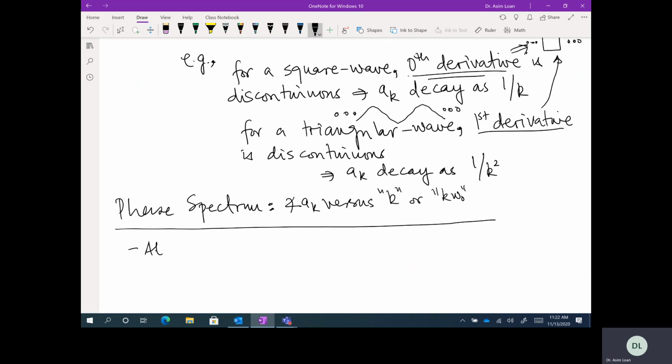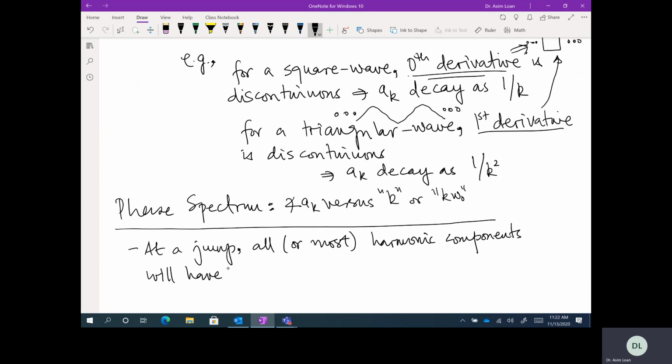At a jump, meaning at a discontinuity, all or most harmonic components will have one sign before a discontinuity and the opposite sign after.